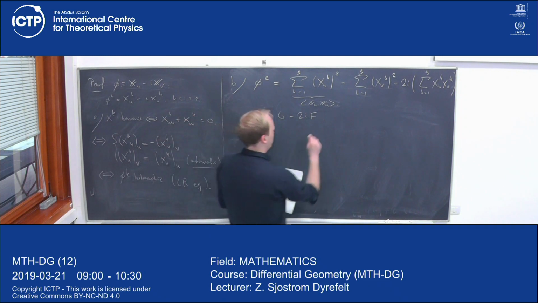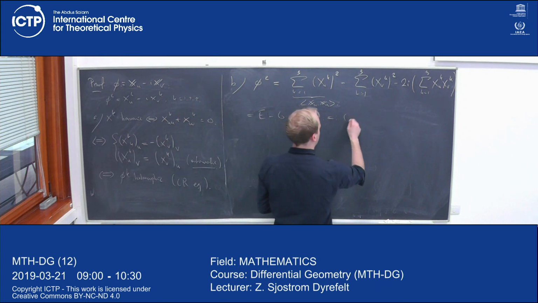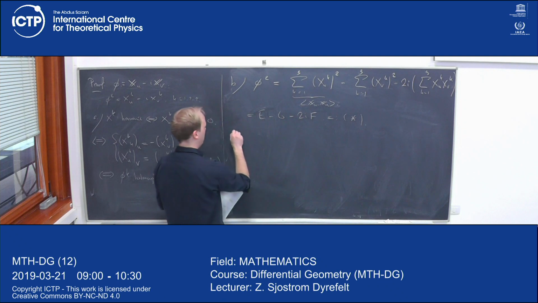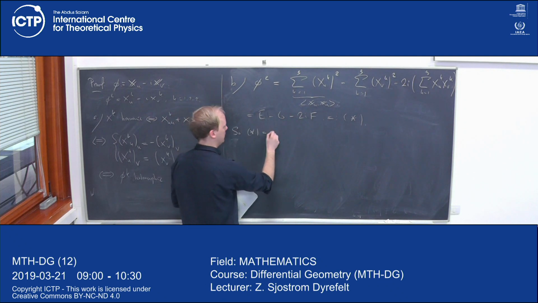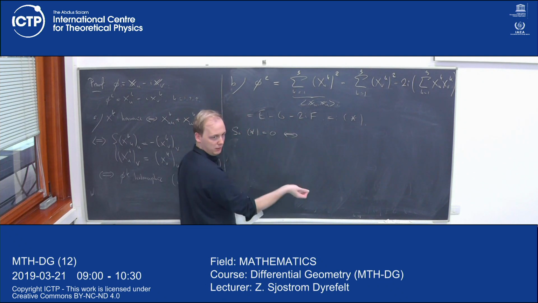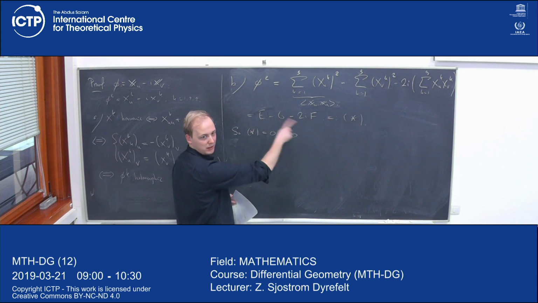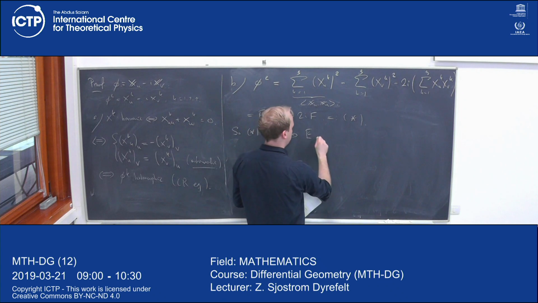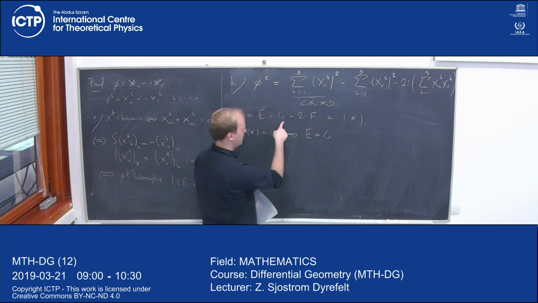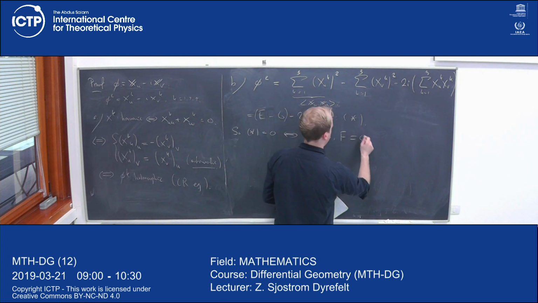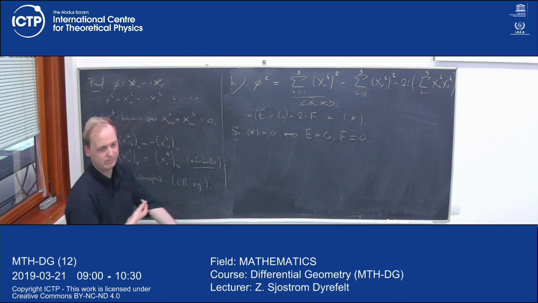Okay. So if I note this star, star is equal to 0 if and only if, what? Again, we have a real and imaginary part, and they both have to vanish. So if and only if E is equal to G, this is the real part, and F is equal to 0.